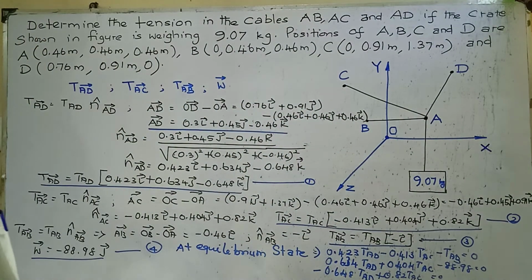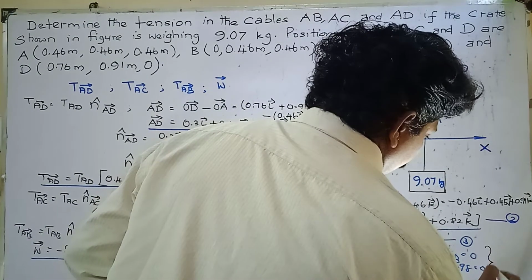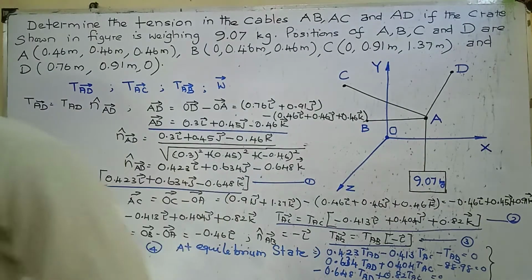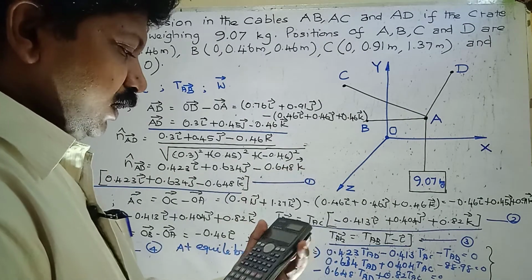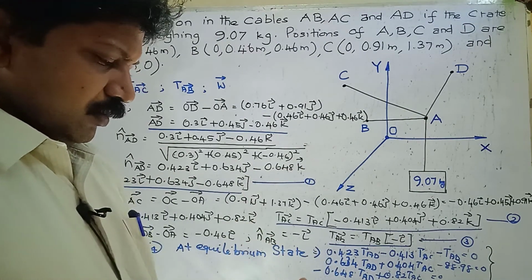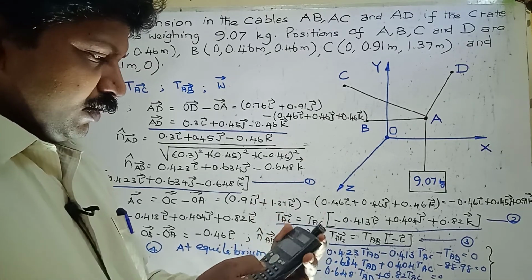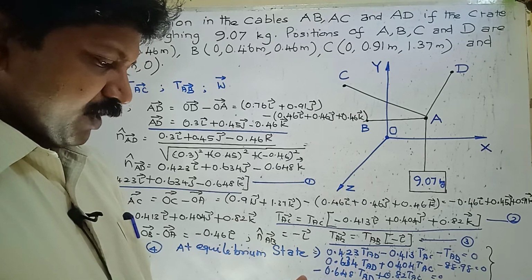Now solve these three equations by using a scientific calculator in equation mode. How to solve? Take the calculator, press the mode button, the top mode button, and select equation.